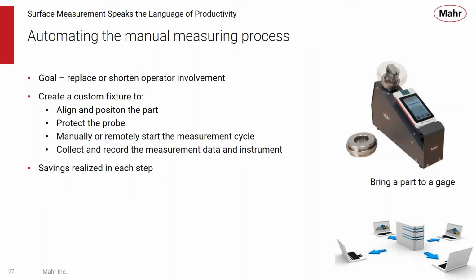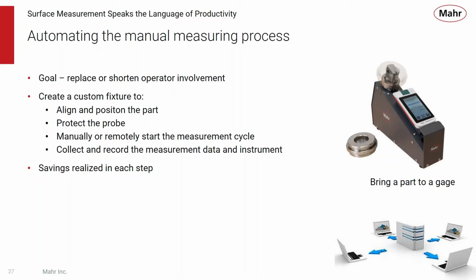Now, one of the goals might be replacing or shortening operator involvement. So a simple custom fixture to help align and position the part, protect the probe, manually or remotely control the start of the measuring cycle, and collect and record that measurement data are all ways to bring the automation to that measurement.